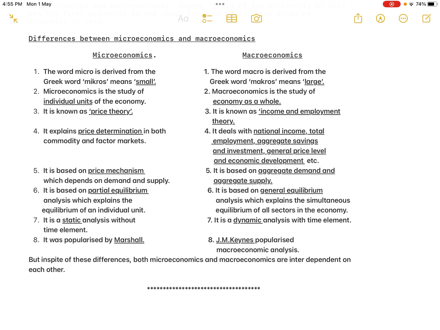But macroeconomics is a dynamic analysis with time element, because macroeconomics is concerned with economic growth. Macroeconomics is concerned with economic development of the country. Macroeconomics is concerned with solving the problems of business cycles, how inflation, deflation, how the general price level in the country can be controlled. So when you're talking about economic growth, what is the meaning? When you're talking about the rise in the national income, the rise in employment, that means what?